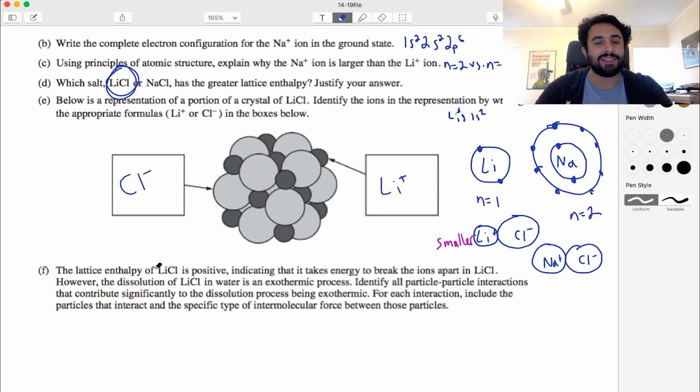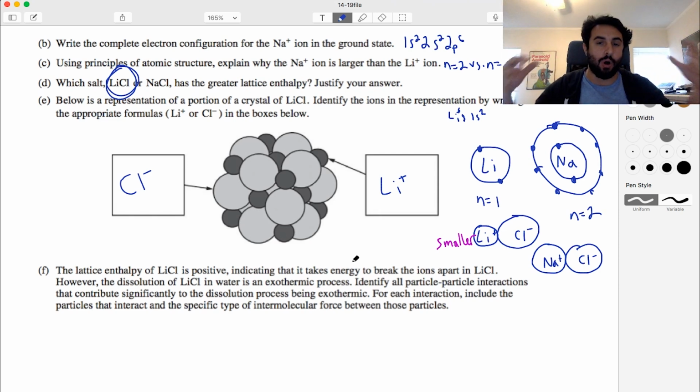Now, the lattice enthalpy of LiCl is positive, indicating that it takes energy to break the ions apart, but the dissolution of LiCl in water is an exothermic process. So what that means is, once again, we were talking earlier about the difference between lattice energy and the energy of solvation. Any ionic solid requires energy to pull all the ions apart and away from each other.